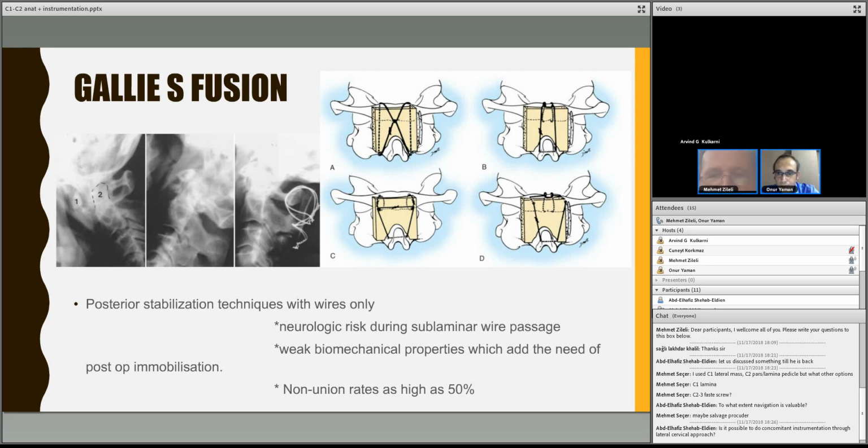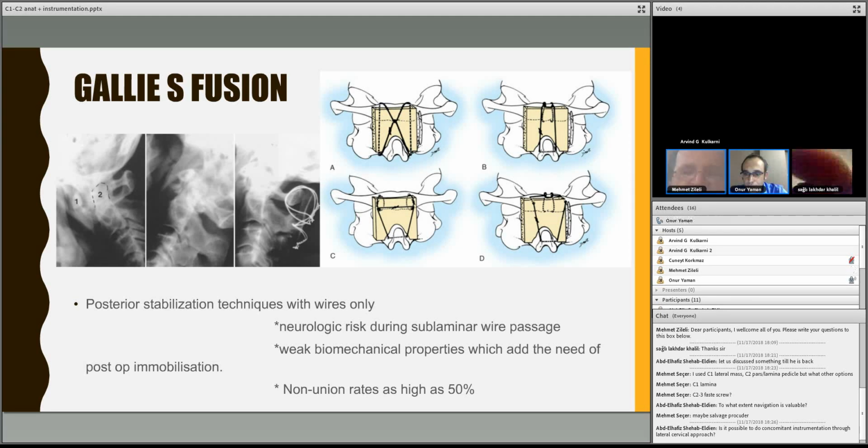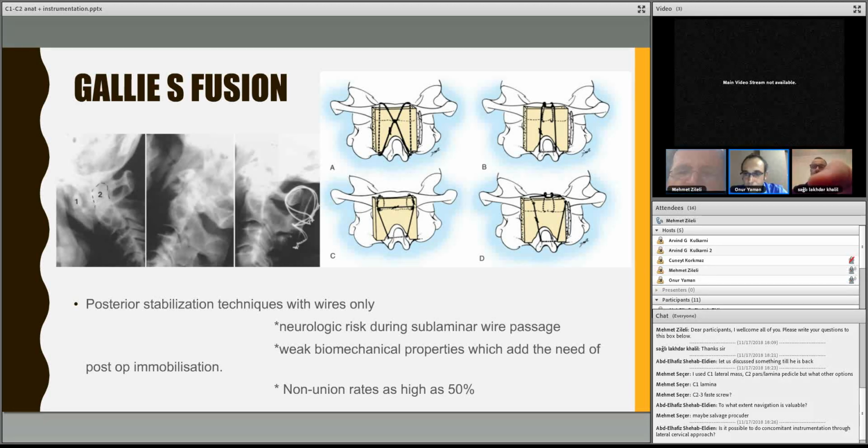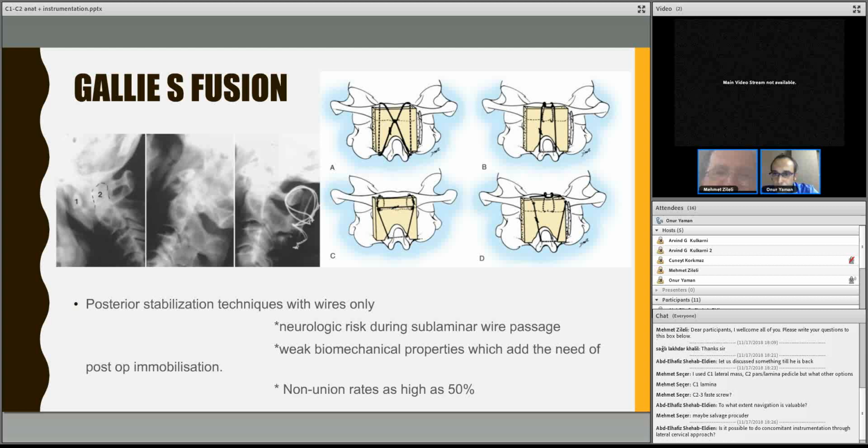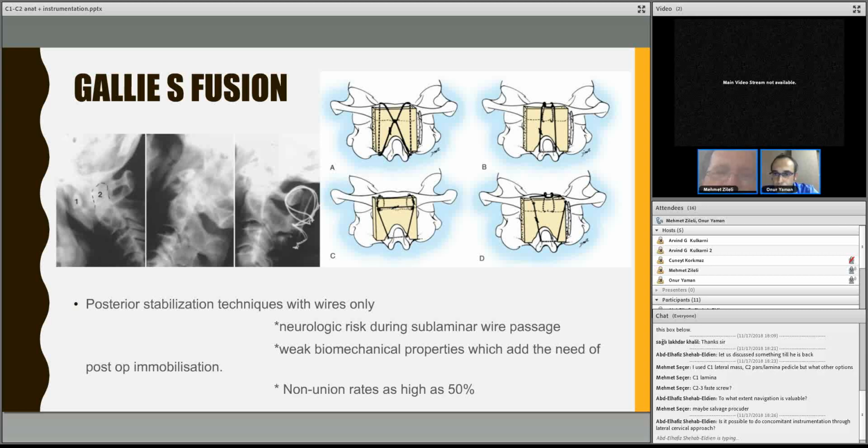Yeah, Abdulhafiz is asking, is it possible to do concomitant instrumentation through a lateral cervical approach? Oh, any idea? I think there is no report I've seen in the literature for a lateral fixation, but you must turn the patient prone and then place this instrumentation from behind after a lateral approach, probably.